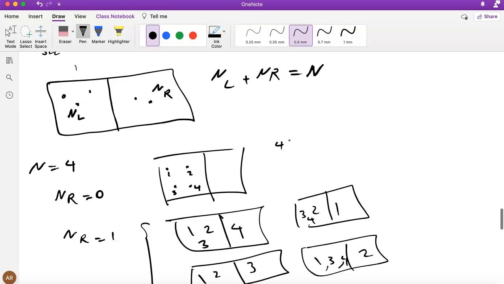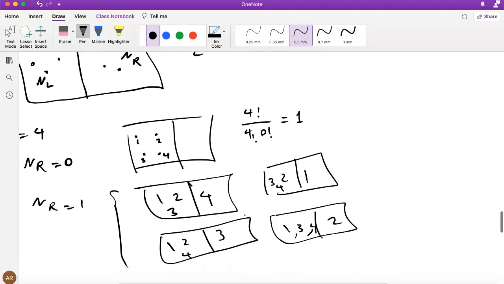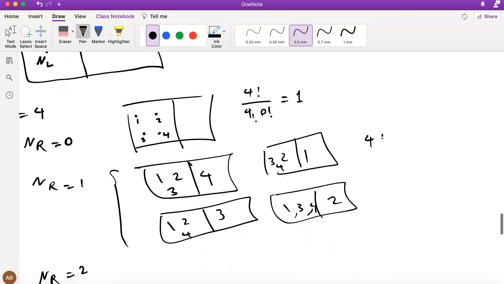We can think of it as 4 factorial over 4 factorial over 0 factorial. 0 factorial is 1, so that's 1. In this case, choosing 1 out of 4, I have 4 factorial over 3 factorial over 1 factorial. 1 factorial is 1. 4 factorial is 4 times 3 factorial, so that becomes 4.